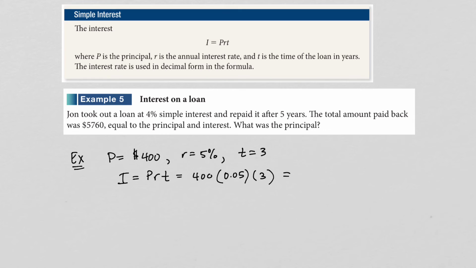And then from there, we can simply plug it into a calculator to get $60. So at this interest rate for this amount of time for this given principal, this account would earn $60 in interest.